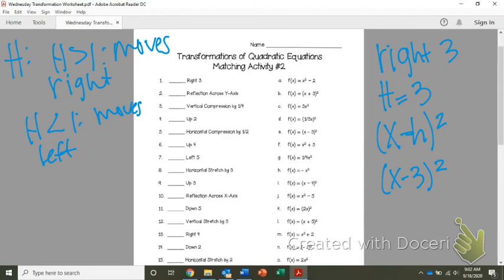Now, if it says it moves to the left 3, then h has to become a -3. So, now, minus a -3 squared. These two negatives become a positive, so we have x plus 3 squared. Okay?